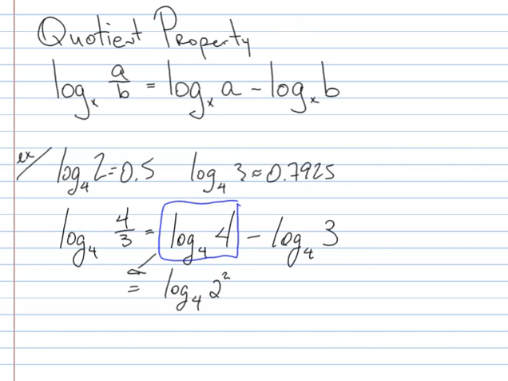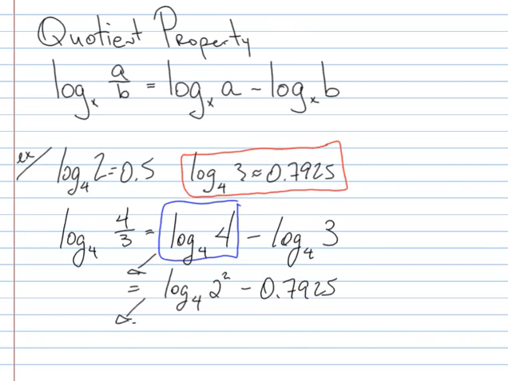Either way, we're going to get 1 in the leading spot. Now the log base 4 of 3, this is the information that I am given right here. So I now know that that one's going to be 0.7925.